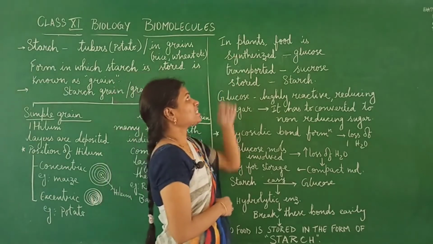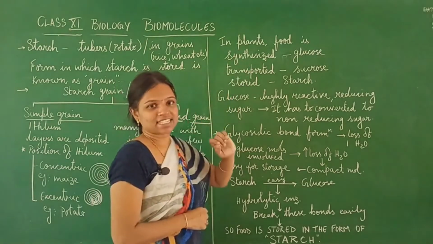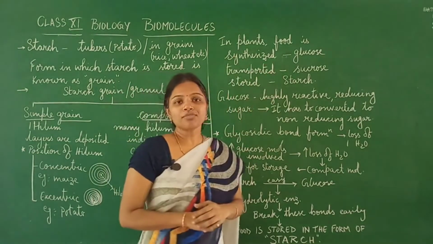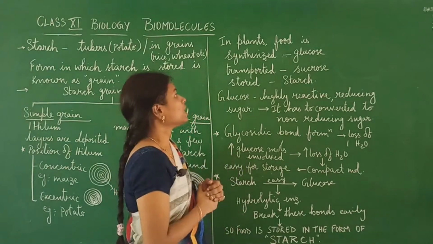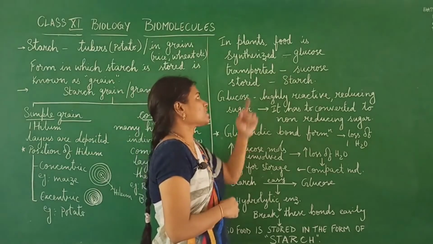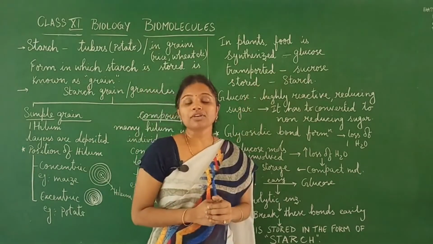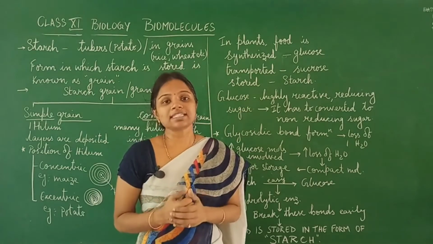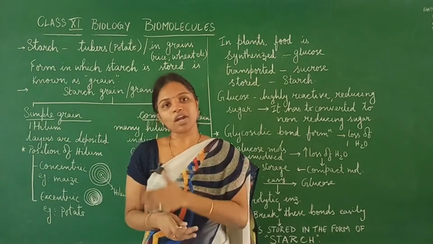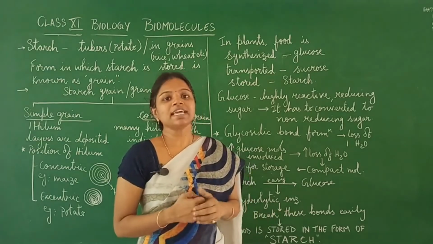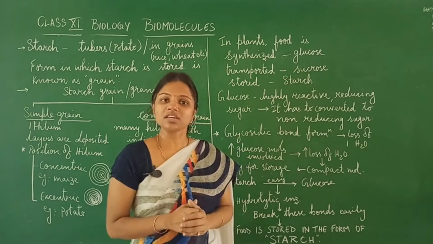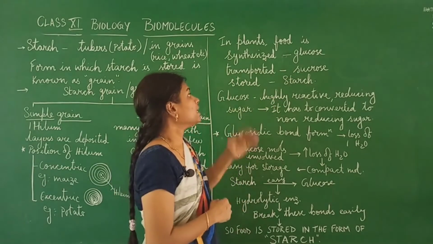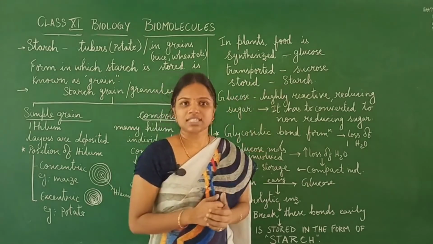Now, we know that in plants the food is synthesized in the form of glucose. The carbohydrates are prepared in the form of glucose. And this glucose is transported in the form of a disaccharide, that is sucrose. So from one part of the plant to another part, it is transported as sucrose, but it is stored in the form of starch.